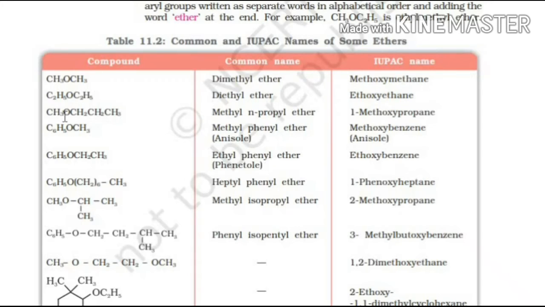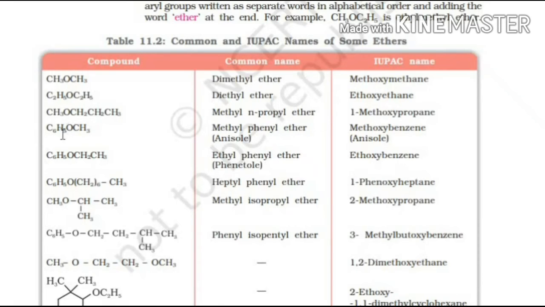Now here is methyl propyl. Because methyl comes first in alphabetical order and propyl is unbranched, that is normal, we write methyl n-propyl ether, right? N means normal propyl group. Now here is CH3 and here is the phenyl ring C6H5, and this represents the benzene ring.